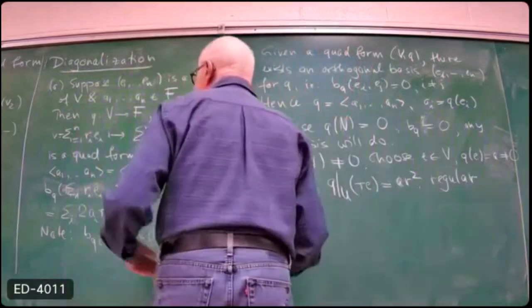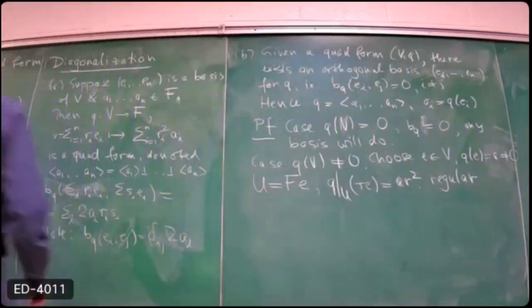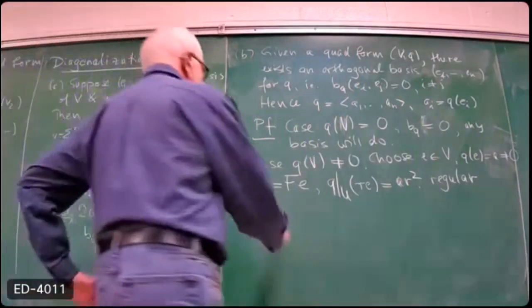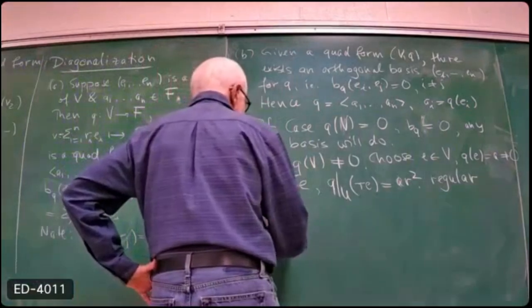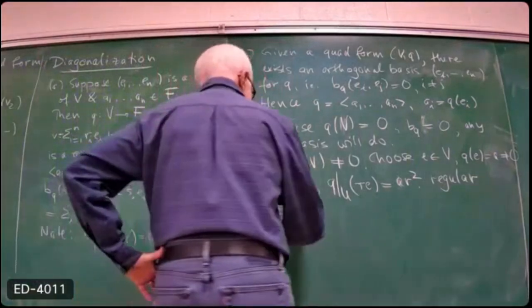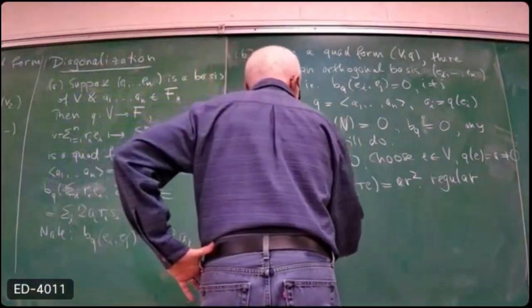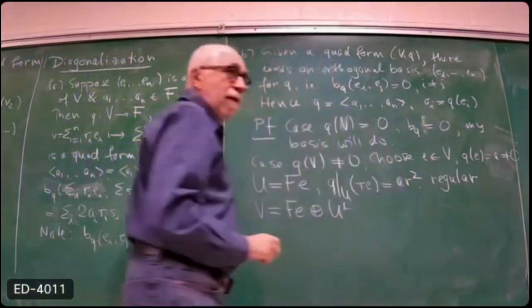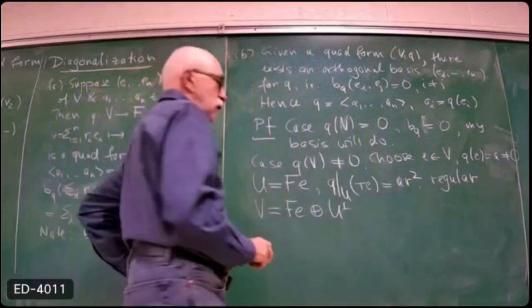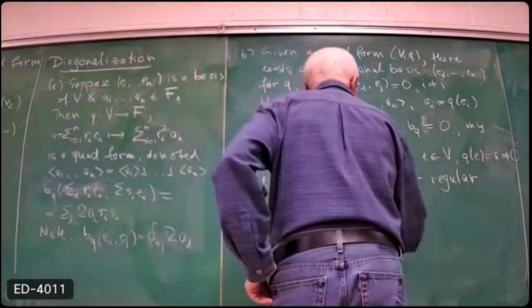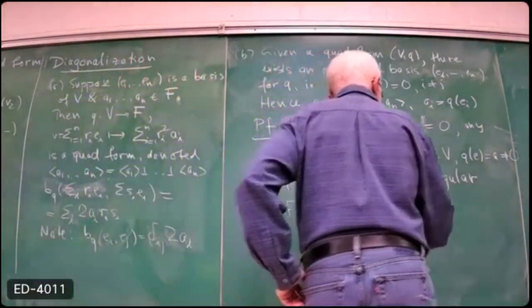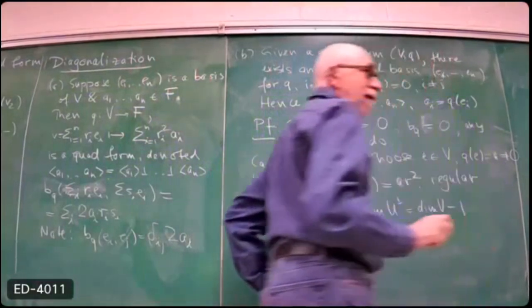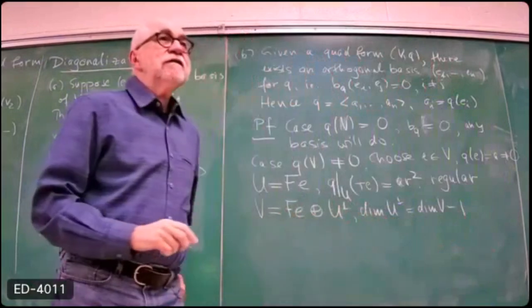So then we can apply our result here, and it follows that V decomposes as a direct sum of U and U perp. Now, the dimension of U perp is just the dimension of V minus 1.